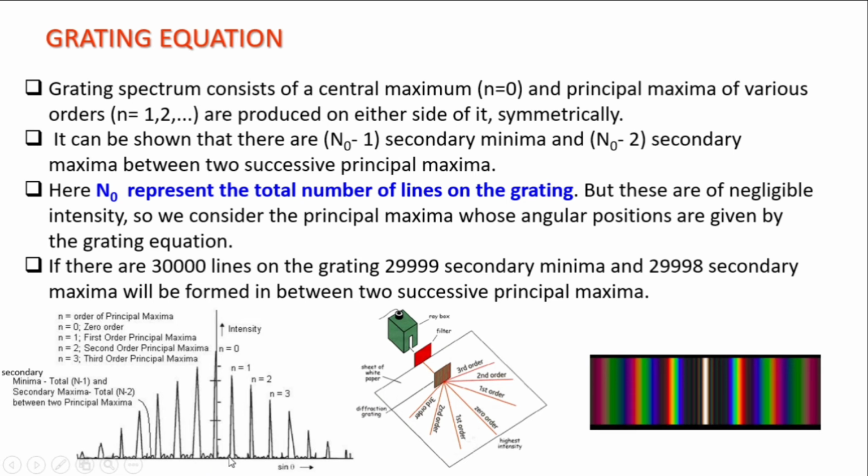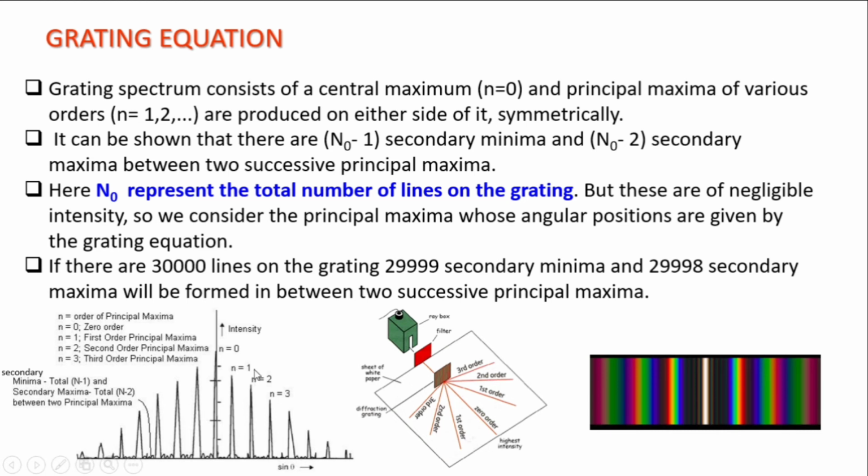The grating spectrum consists of a central maxima, that is n is equal to 0. This is called the zeroth order principal maxima or central maxima, and the others are on either side of the central maxima.